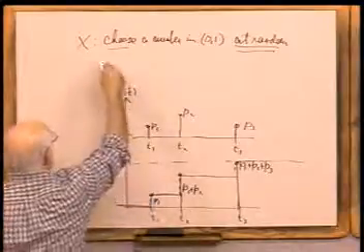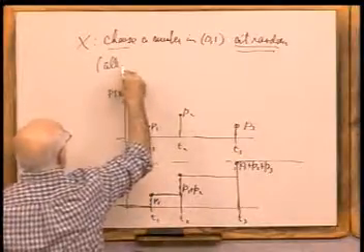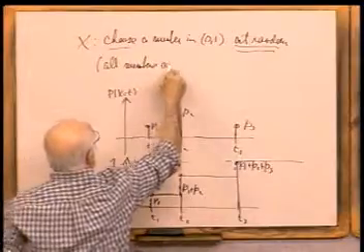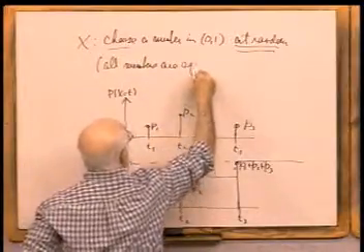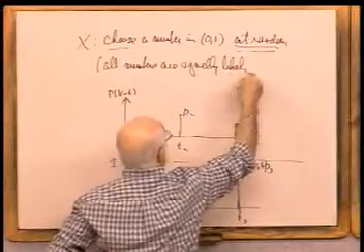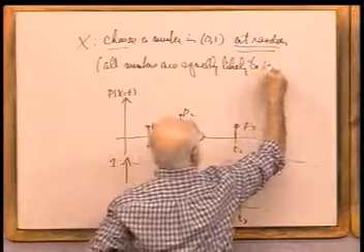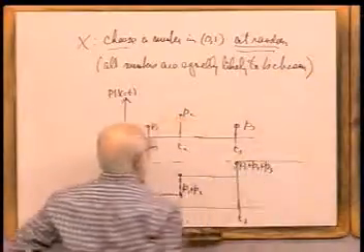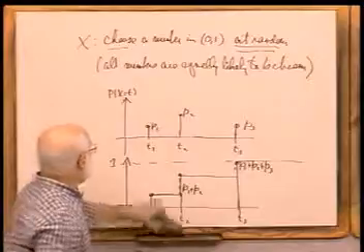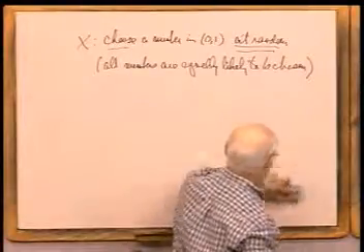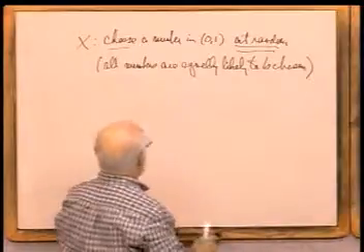So that means that all numbers are equally likely to be chosen. So that makes sense. I mean, if you can't answer this kind of question, then forget it. This whole subject is useless.